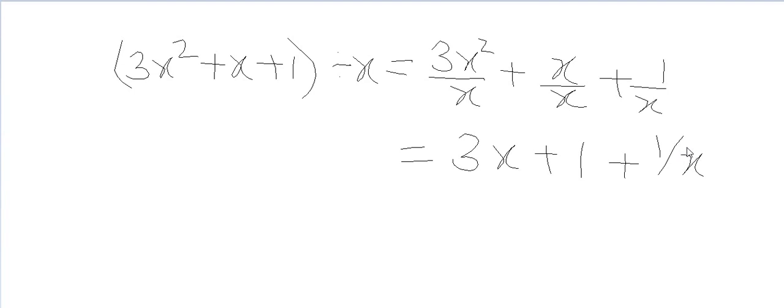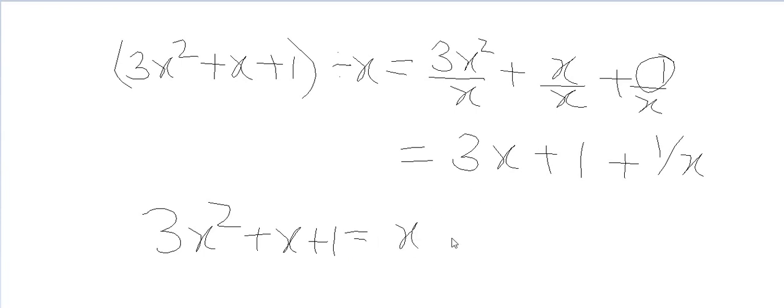So we have a remainder here which is 1. So how do we write 3x squared plus x plus 1, which is our dividend? Our divisor was x, the quotient that we got was 3x plus 1, and the remainder that we had was 1. So we can write 3x squared plus x plus 1 is equal to x times (3x plus 1) plus 1.